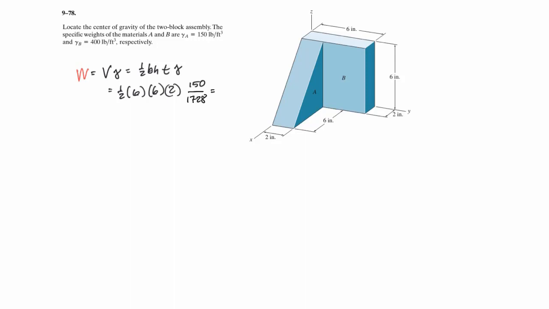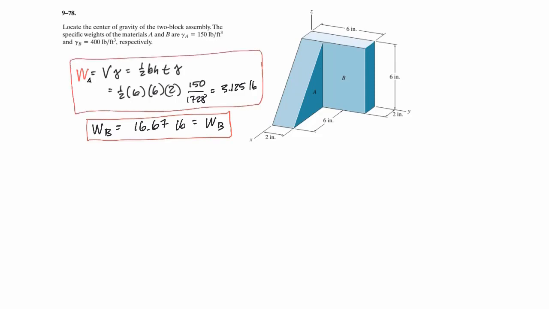That's a little bit drawn out, but I give that as 3.125 pounds. This is the weight of A. Similarly, the weight of B, I will spare you the details here, but you can calculate this. 16.67 pounds is equal to the weight of B. So those are the first two pieces that we need to know.